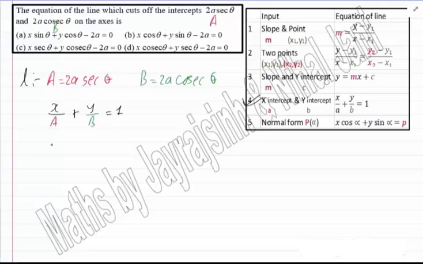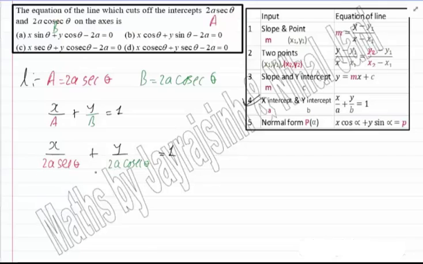We just have to put the values which we have. Capital A, which is x-intercept, is 2a sec theta, plus y upon 2a cosec theta is equal to 1.